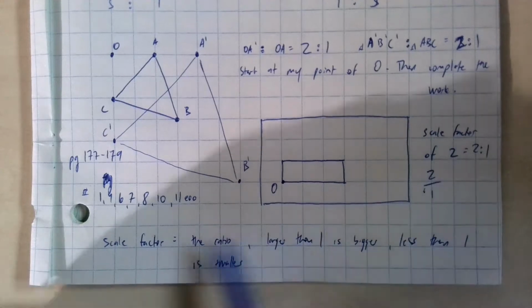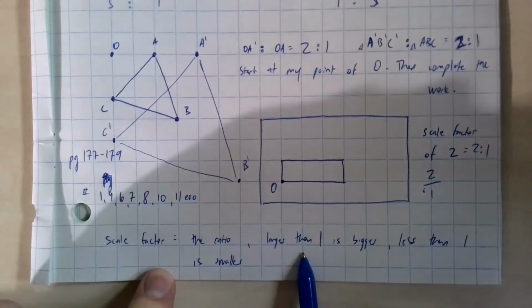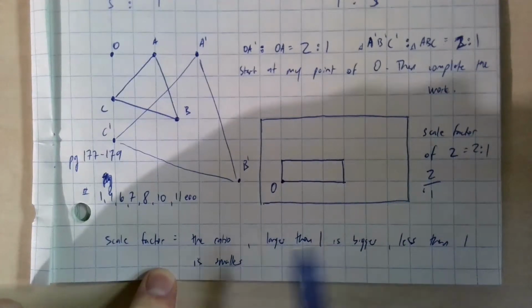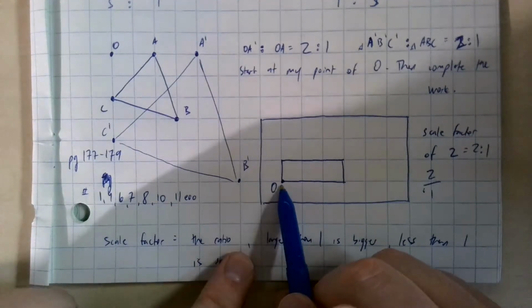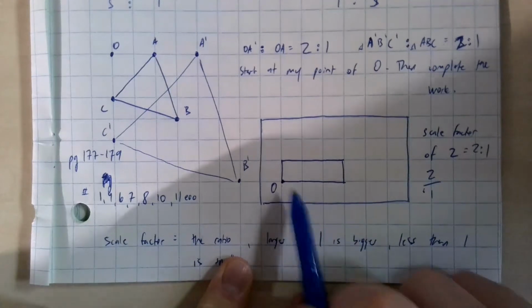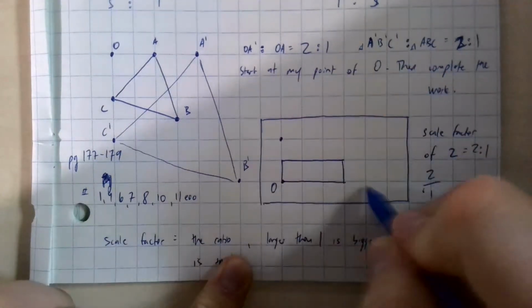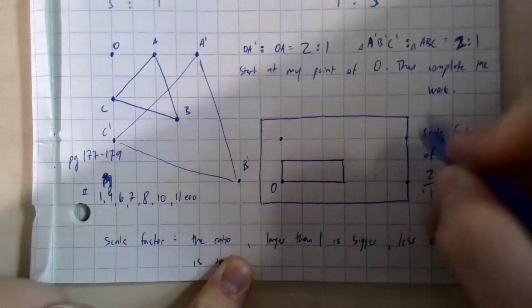So this is called scale factor actually, whenever I have a scale factor of greater than 1 or 1 or greater, that means my object is going to become bigger, where less than 1 is going to become smaller. So this is my original, and I'm going to make this doubled in size because my scale factor is 2. So that means I have 1, I want to put another dot here, and I want to put another dot 1, 2, 3, 1, 2, 3 here, and that means these are going to connect here.